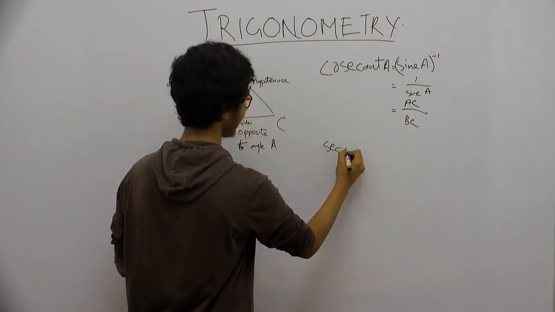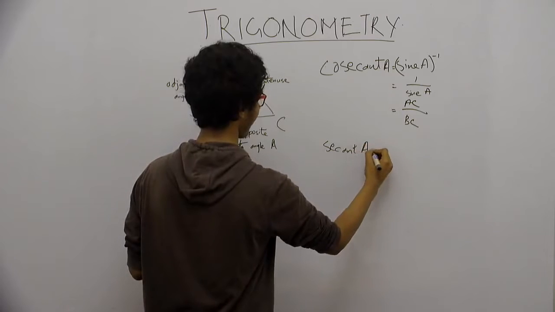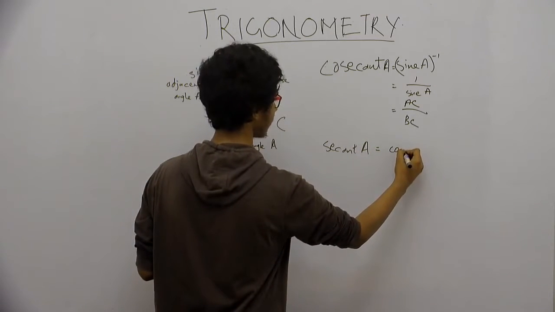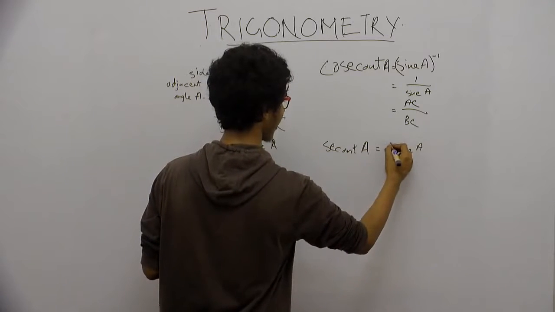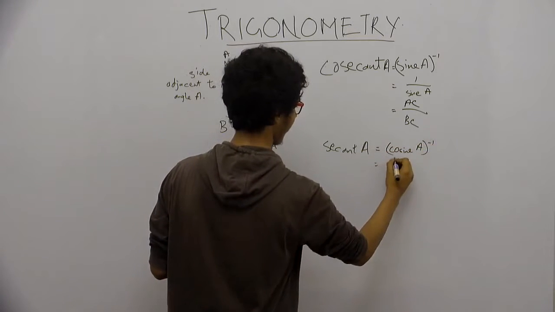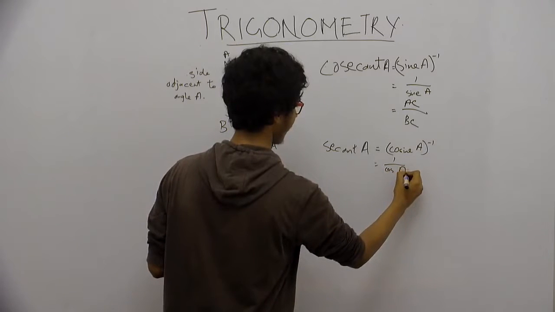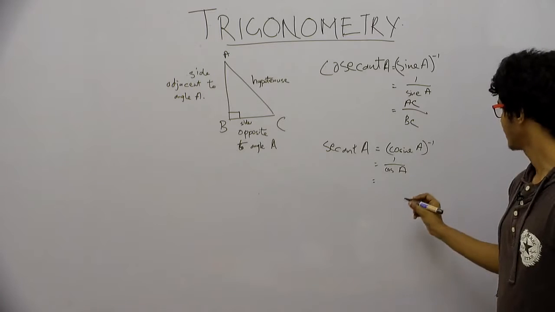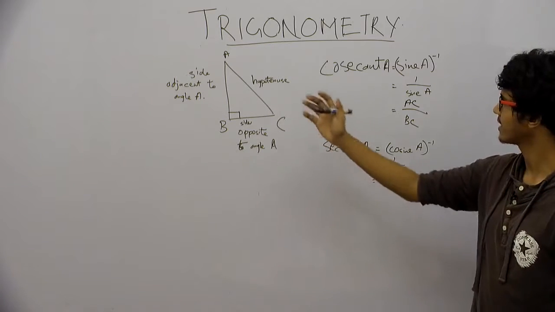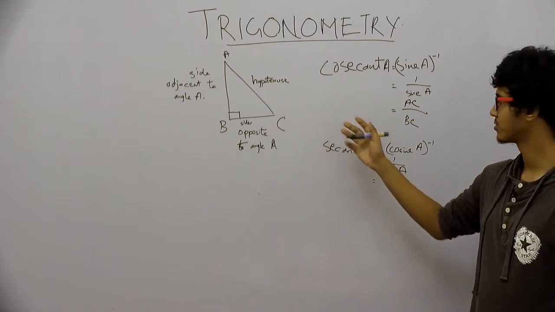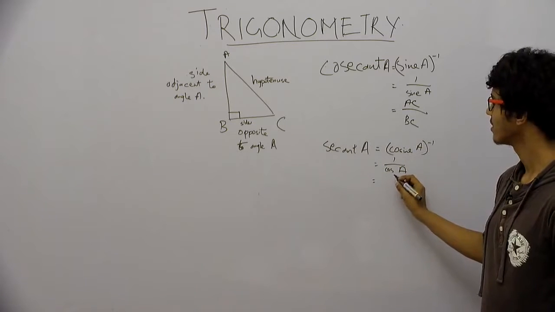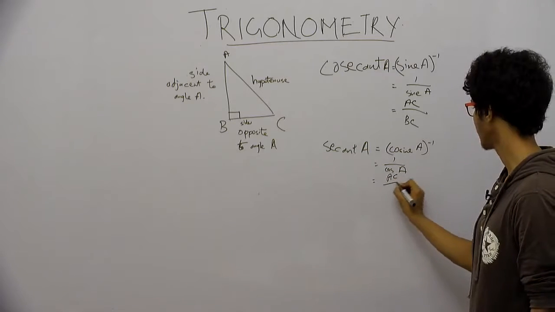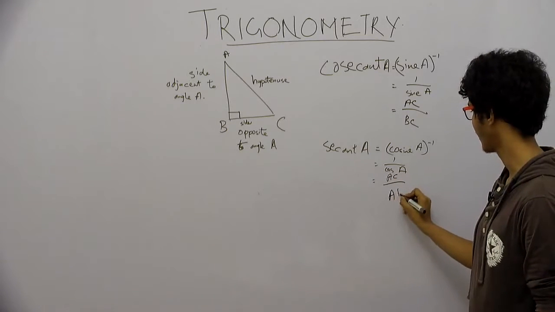Similarly, secant A is the inverse of cosine, and cos A was side adjacent to A by hypotenuse, so its inverse becomes hypotenuse by side adjacent to A. This is AC by AB.